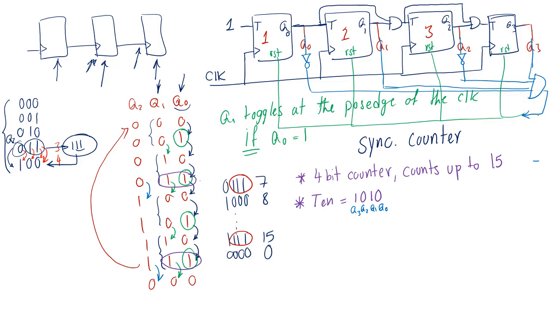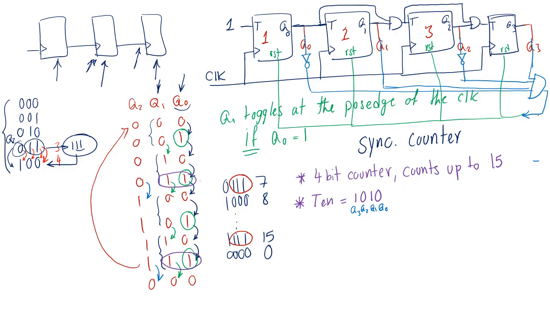So it goes from 15 to 14 to 13 to 12 to 11 and so on and so forth. So now if you want to reset that down counter, then you can easily do that by basically detecting whatever number that you want to stop, and then setting all of the flip-flops to output 1 once that number is detected.